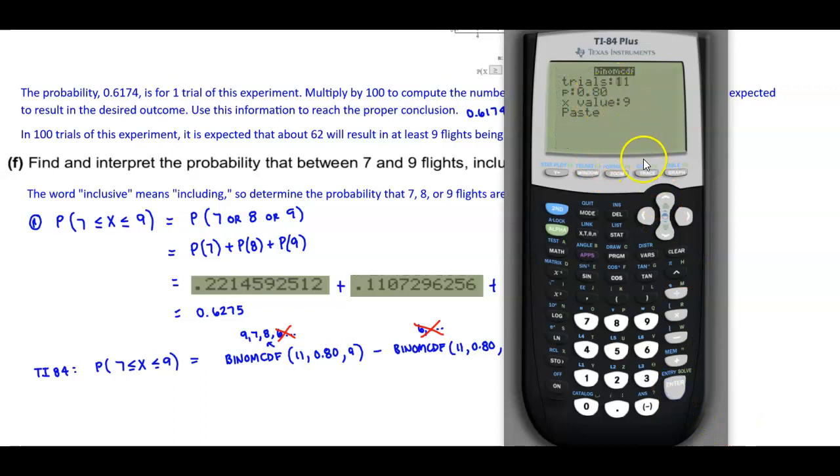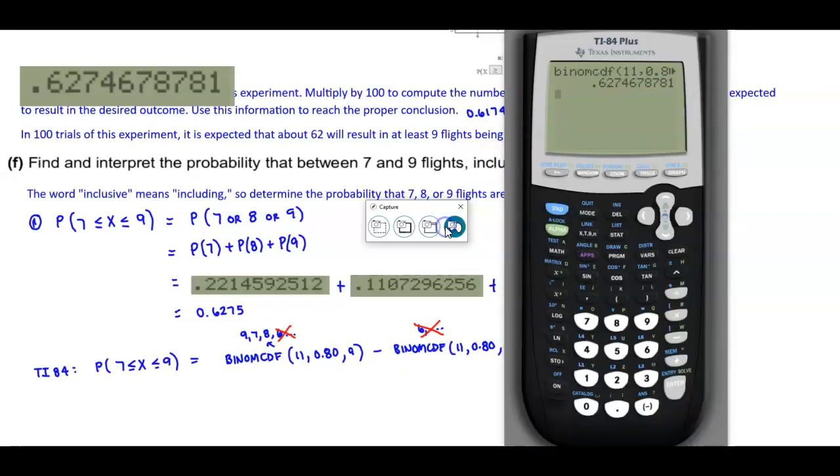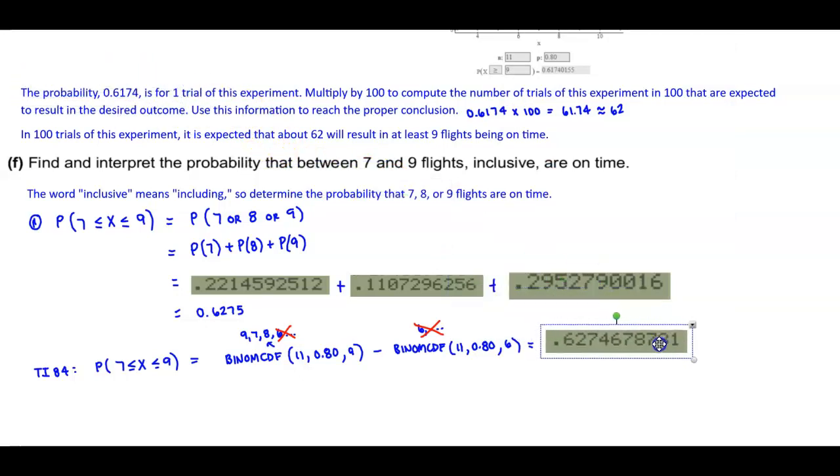Again, 11 trials, 80%. But now we have to change this X value to 6 because we're subtracting that. Then select paste, and select enter. We should get the same result that we got there, which if we round to 4 decimal places, you will see that we get 0.6275. So that gives us the same result.